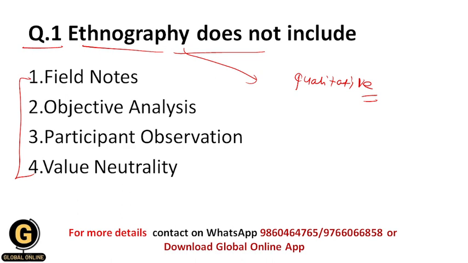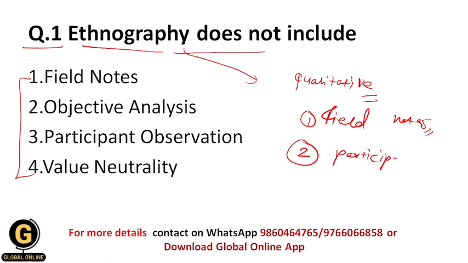In ethnography we use some methods for data collection. For example, we use field notes to collect data regarding a specific field, culture or society. The second is the participant observation method.